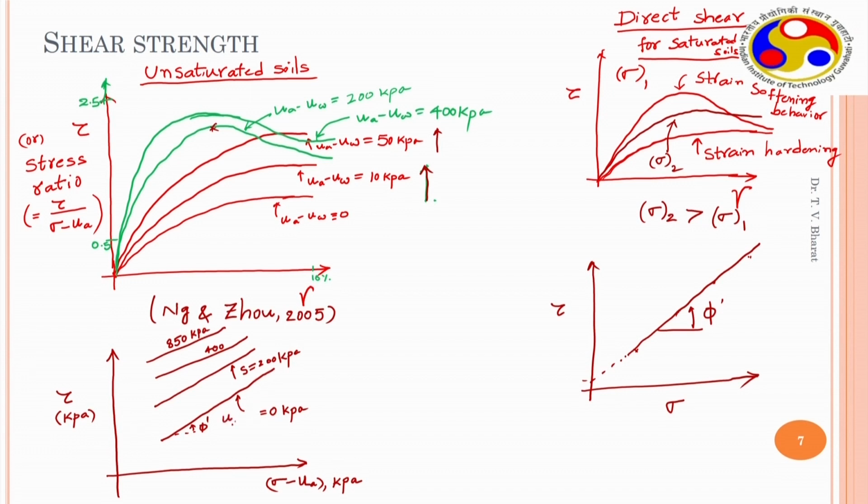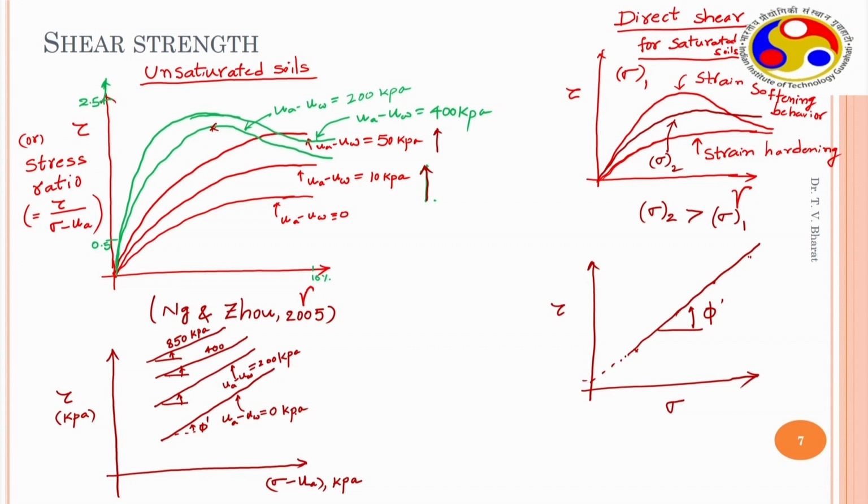Sorry, this is matrix suction, ua minus uw. So this is the trend you get, and the angle nearly remains the same. The angle doesn't significantly change. The angle of internal friction value appears to be nearly constant.